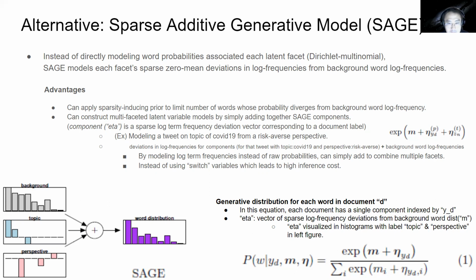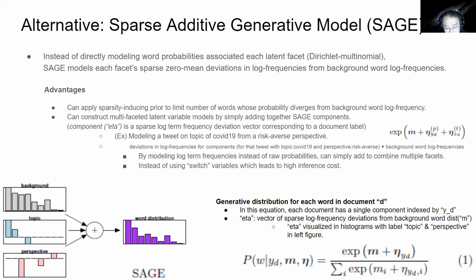It's possible, because it's more meaningful for that topic of COVID-19. But some other words, like function words such as "the", will not really add any value to that topic, so they will not result in any deviation from the background. So we can just set them to zero. Of course, there should be a threshold associated with it.